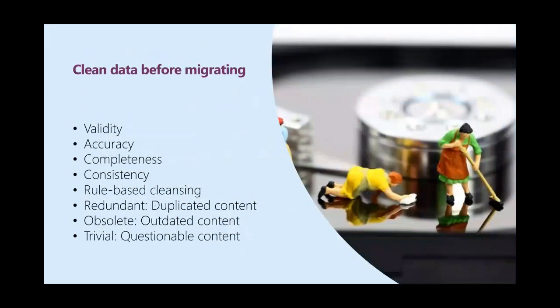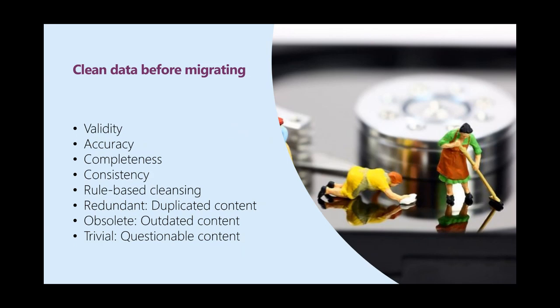And then very important, think about moving from one house or from one flat to the other flat. It's very important to do data cleaning. Back to my spring thing. It's spring now. Everybody's cleaning the house, so definitely find out which data is still valid, which data is redundant, which data is double, and you have the same files 10 or 20 times, which content is questionable, which content is completely old-fashioned and outdated.